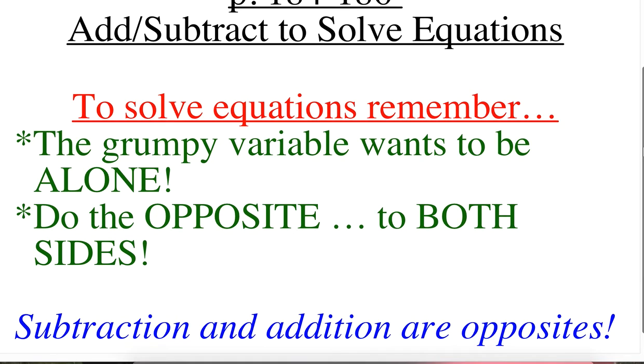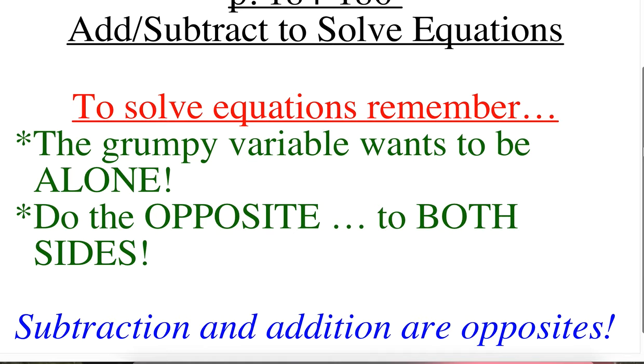Grumpy variables are antisocial. They don't want any numbers stuck onto them. Variables don't want any numbers on their side of the equal sign, and your job is to take all the numbers that are bothering the variable and move them away to the other side of the equation.